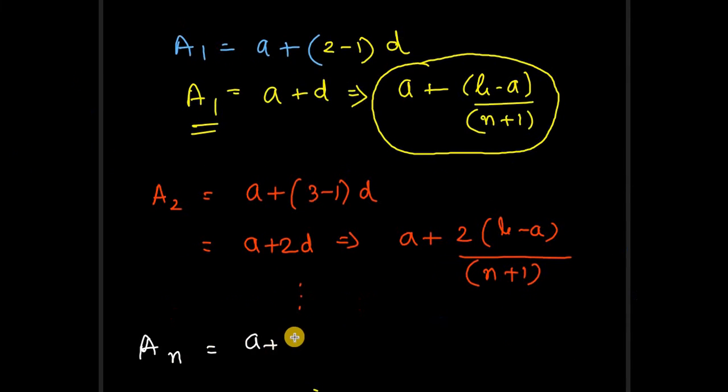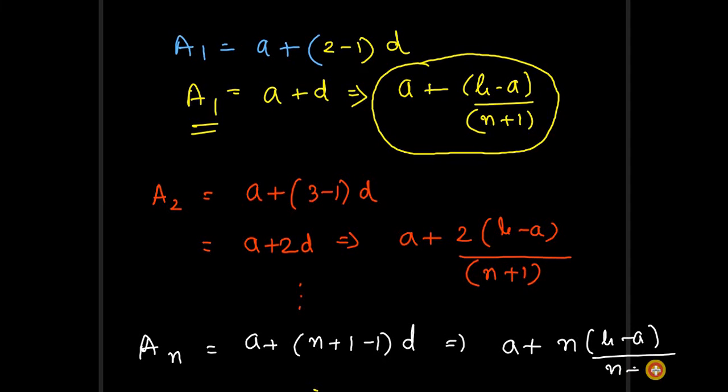So in here we can write it as n plus 1 minus 1 into D, and further we can write it as A plus nd, where D can be written as B minus A by n plus 1, right?